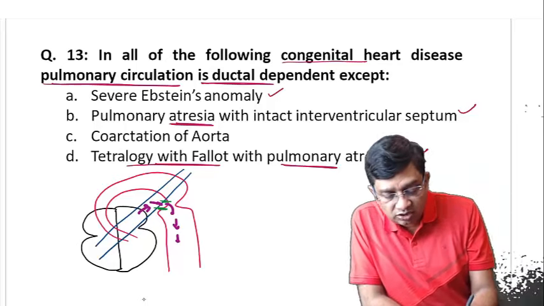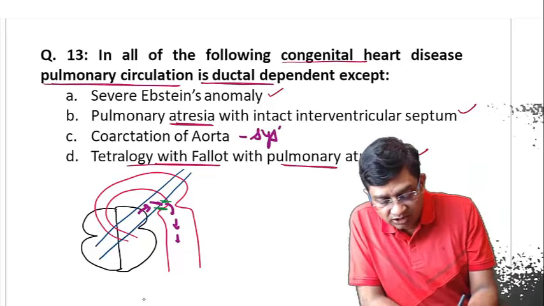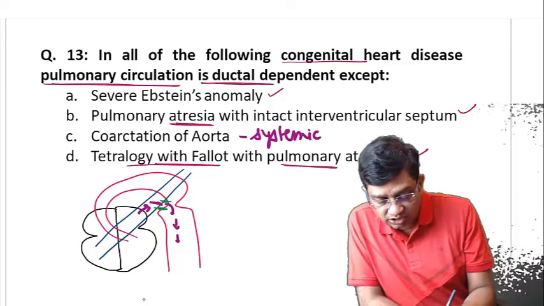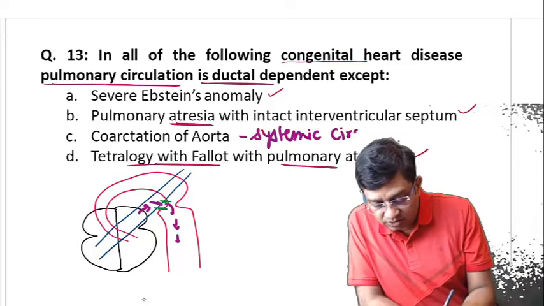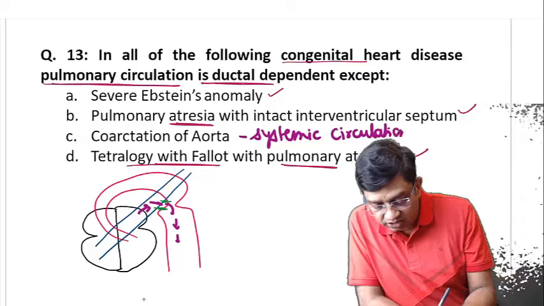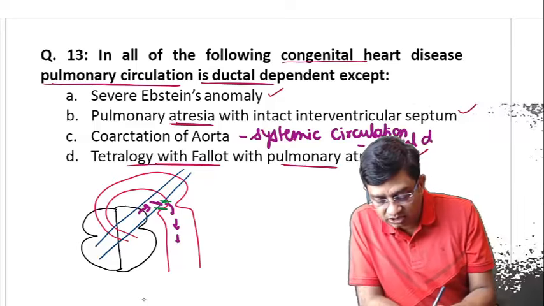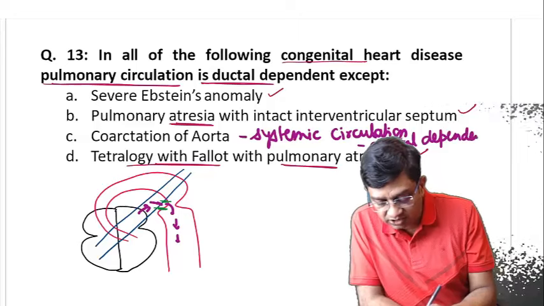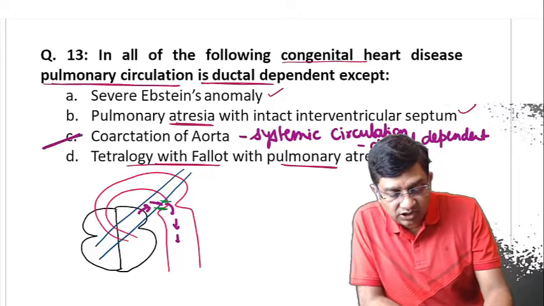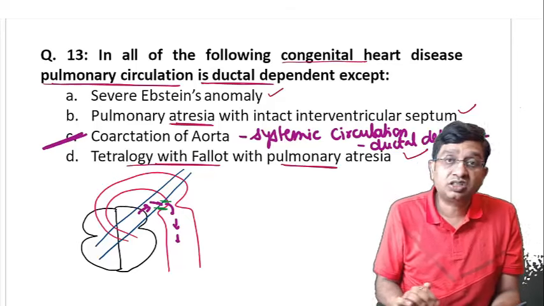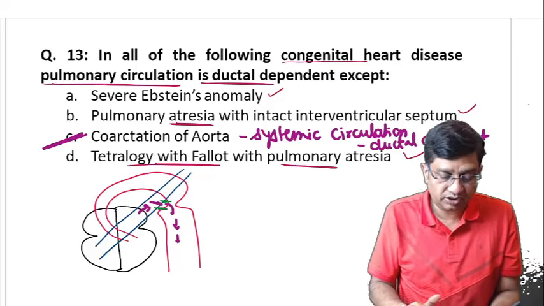So in coarctation of aorta, systemic circulation is ductal dependent, right? In all the rest of the conditions it is the pulmonary circulation which is ductal dependent, but in coarctation, systemic circulation is ductal dependent.